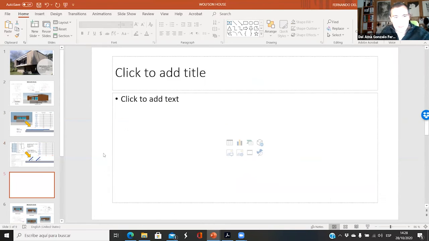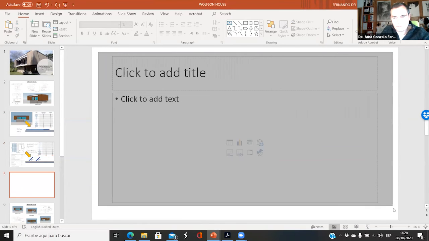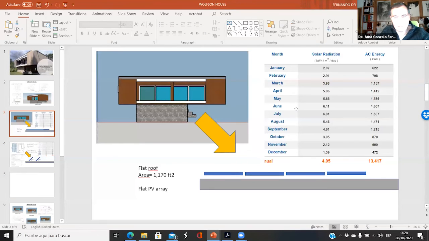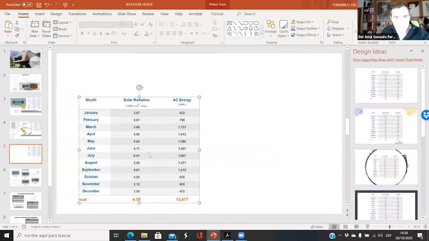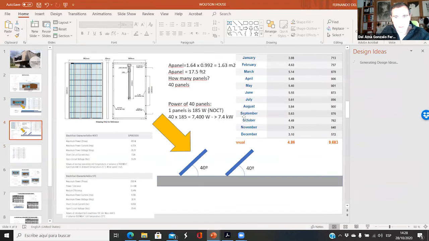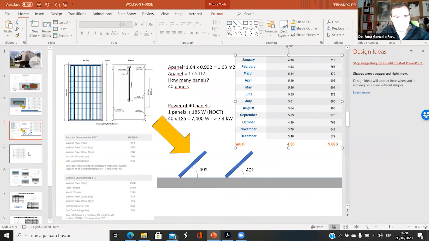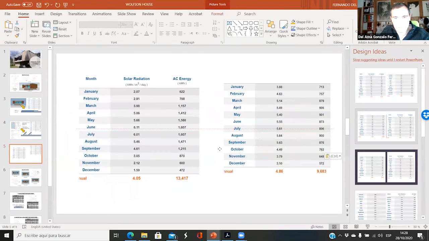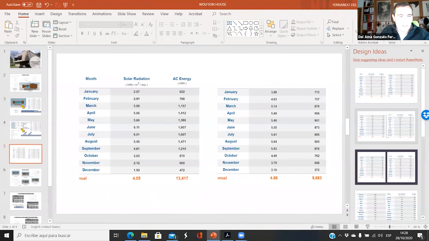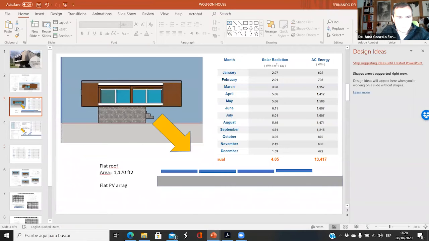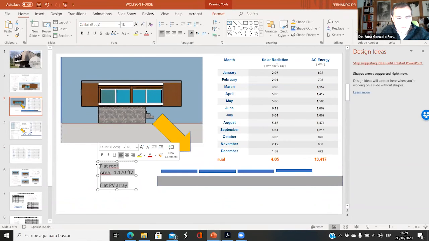So now I'm comparing both results. This one and that one. And here I have the summary. So this is a flat roof.